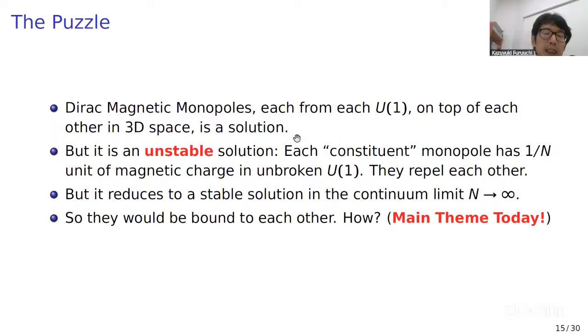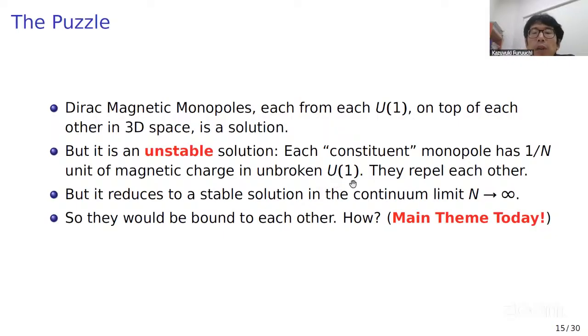This is a solution as I just mentioned, but it is an unstable solution, because each monopole, I call it a constituent monopole, has 1/n unit of magnetic charge under the unbroken U(1). If you combine n of them, you get a unit-charge magnetic monopole of the unbroken U(1) gauge group.